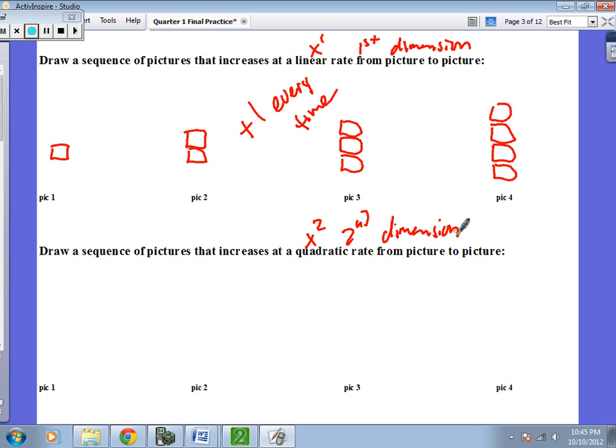So this linear one, that's kind of the father of all linears, and here's the father of all quadratics. Picture 1 is going to be that.